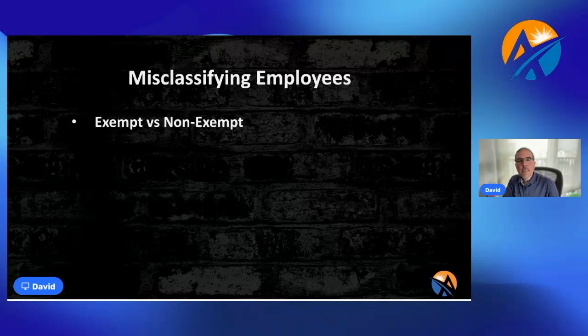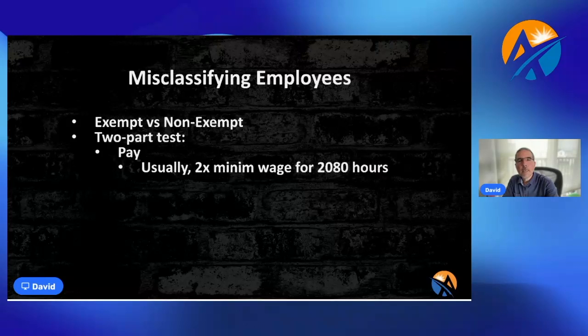So to be considered an exempt employee, you basically have two tests to follow, called the duties test and the pay test. If they fail one of these, then you probably should classify the employee as non-exempt. The first is pay. Basically, it's a minimum salary, which generally is 2 times the minimum wage.